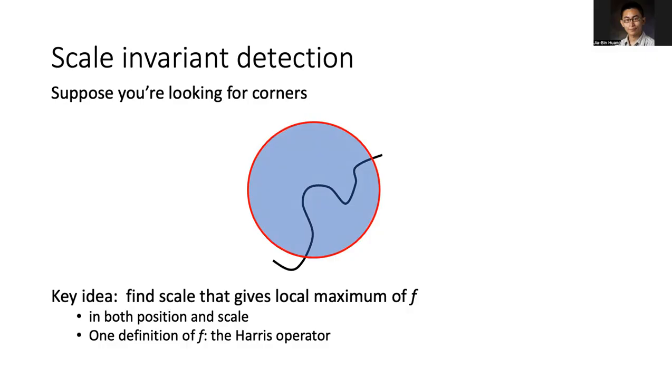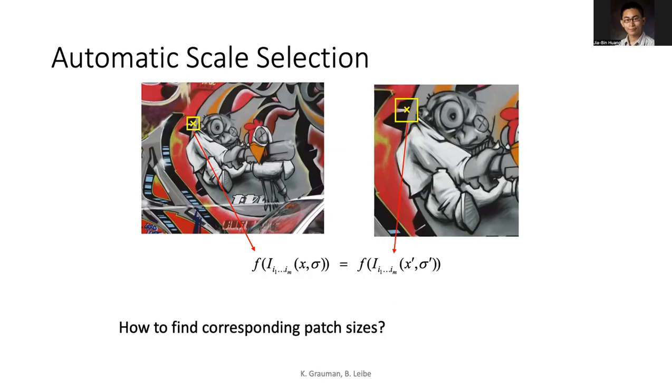All right. So in this case, what we want is that from the image on the left and the image on the right, they correspond to different locations, right? But you can see that they are captured from different distances from, I think, this wall.